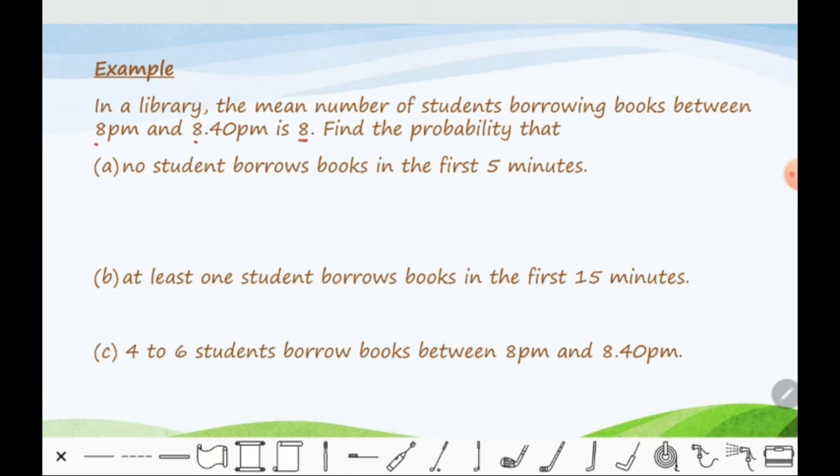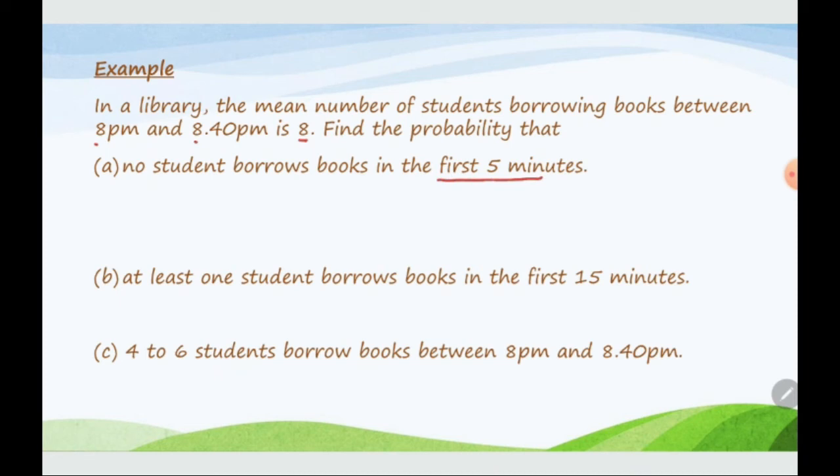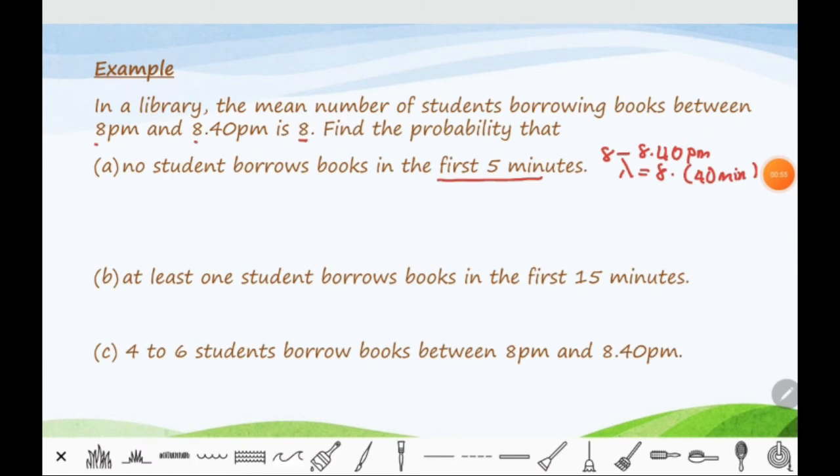But the question for A asks you to find for the first 5 minutes. So we need to find the new lambda. So we know that for 8 to 8:40 p.m., the lambda is 8. We know that it is 40 minutes. But we need to find for the first 5 minutes.